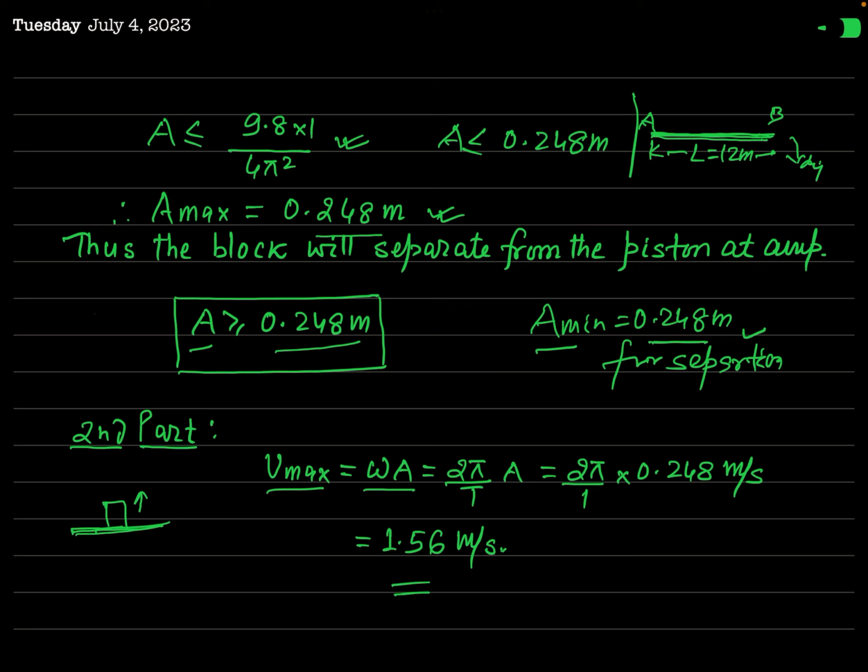At that moment you have calculated that the amplitude is equal to 0.248 meter. So let us substitute this, and in place of omega we write 2 pi over T times A. Now T is 1 second, so this is 2 pi over 1 times 0.248 meter per second. After calculation you will get 1.56 meter per second.